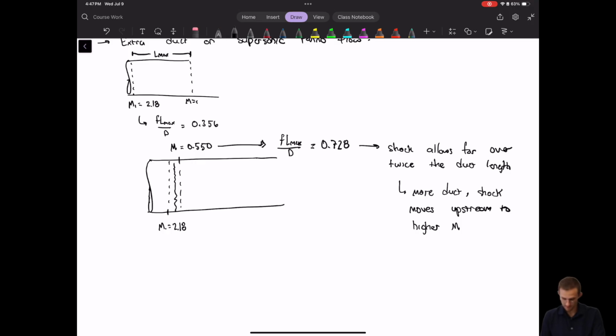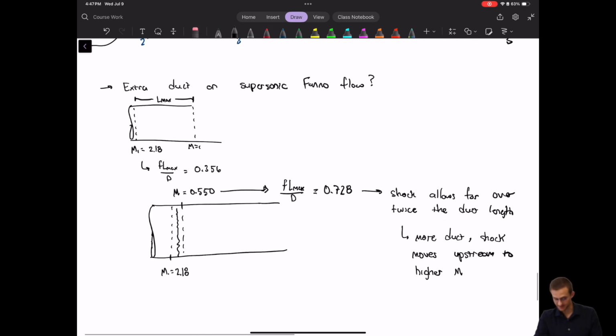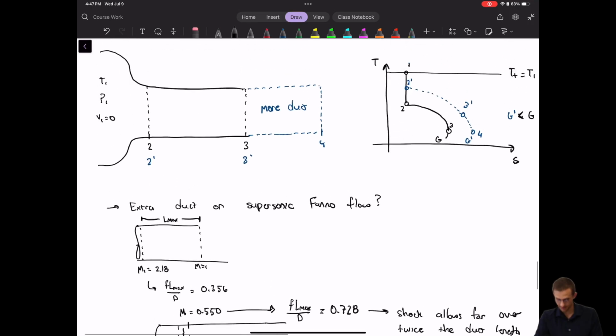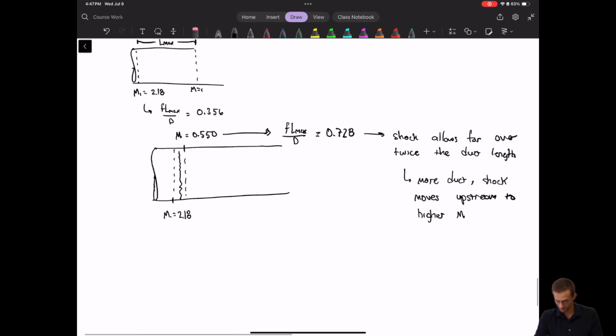Okay? So that's that little bit of a relationship between adding duct and the presence or absence of shocks. All right, I think you'll have some opportunity to think about these things in more detail in your homework problems and perhaps on an exam.